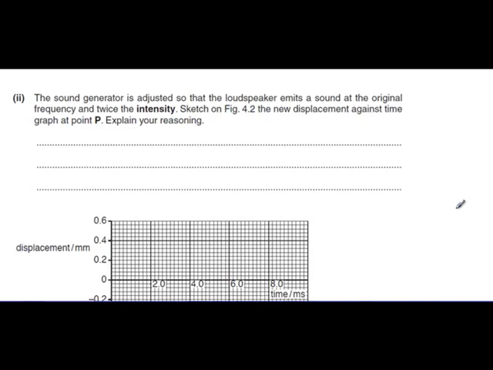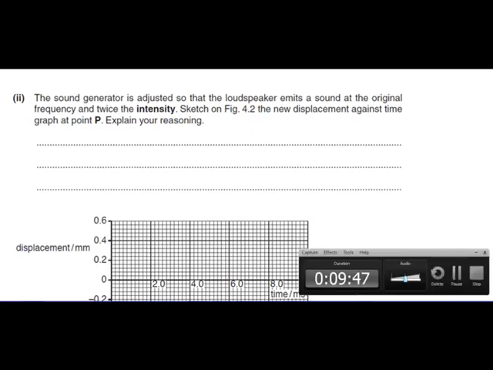Okay, the sound generator is adjusted so the loudspeaker emits a sound at the original frequency, so the same type of sound, and twice the intensity. So sketch on the new displacement against time graph at point P and explain the reasoning.